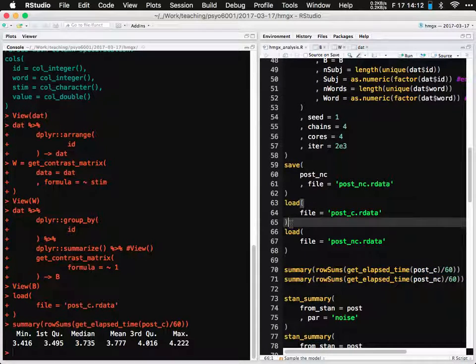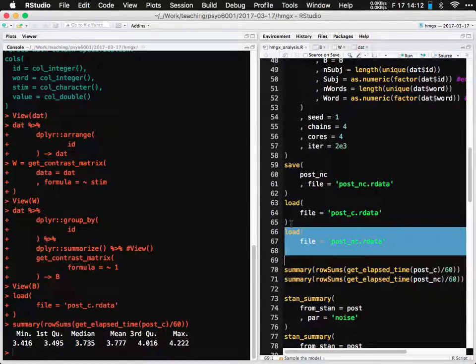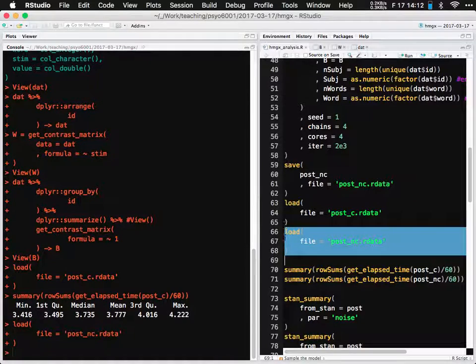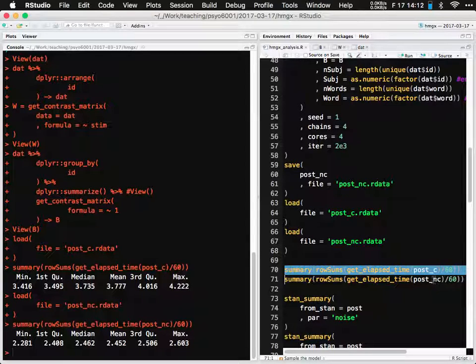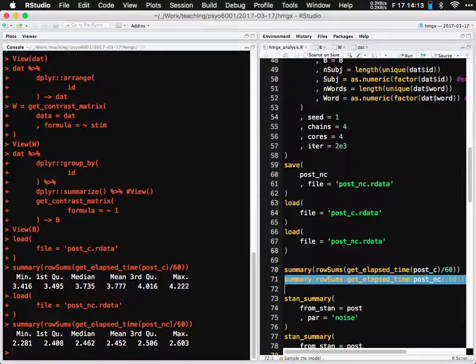I'm going to load up this other thing that came from running the faster version. And how long did that take? About half the time. So the C is the slower version, NC is the faster version. C stands for centered, and NC stands for non-centered. That's terminology that you can read about in the Stan manual, but the faster version is the non-centered version for this model.